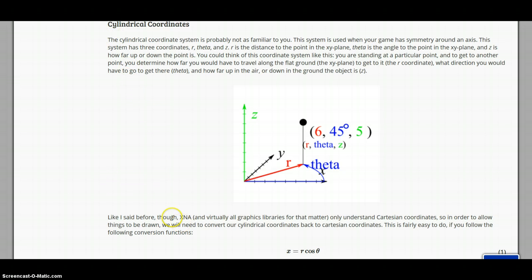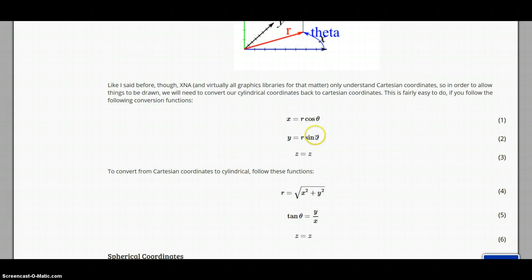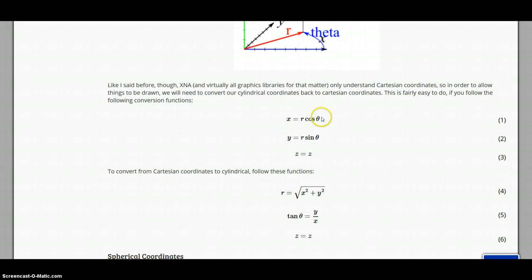But in most systems, like the XNA system, and virtually all graphical libraries, Cartesian coordinates are used. So these cylindrical coordinates must be converted to Cartesian coordinates, and it is done like this. It's a rather simple thing to do.